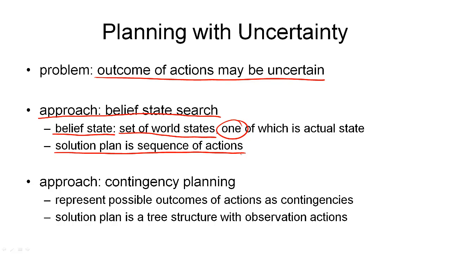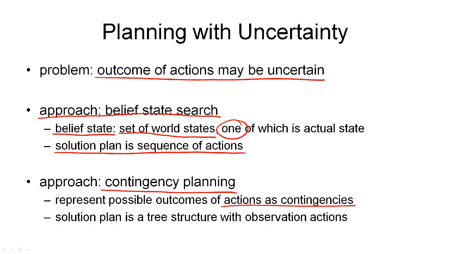Another approach to dealing with uncertainty is called contingency planning. In contingency planning, what we have is actions that have multiple possible outcomes, and these action outcomes are known as contingencies. Usually, the number of contingencies is fairly small, and not every action must have contingencies.